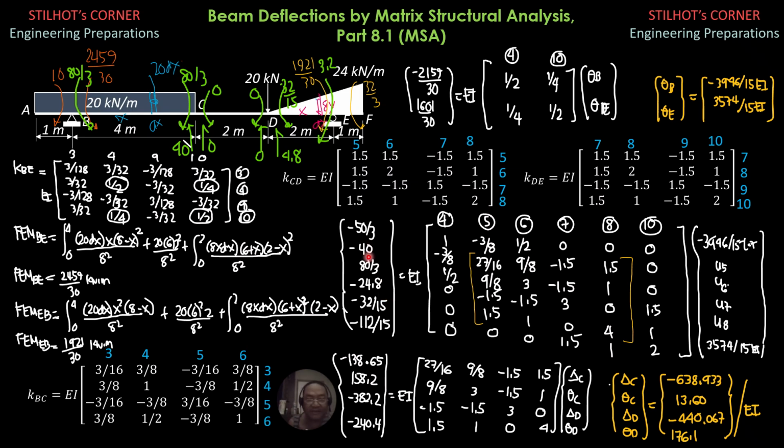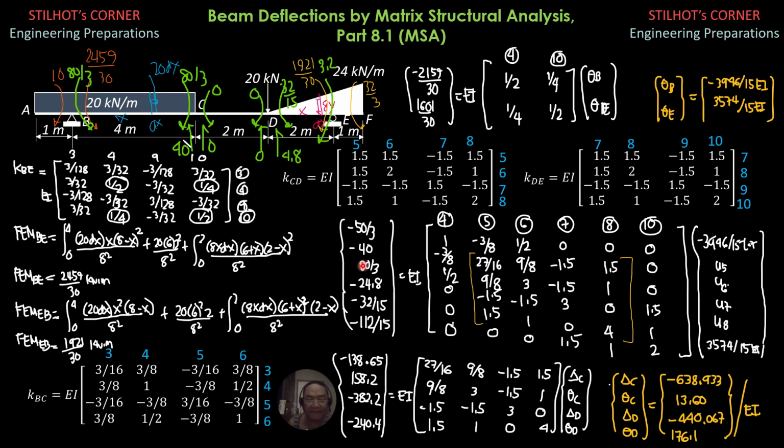So this is negative 40 minus quantity negative 3/8 times negative 3946 over 15 EI, then minus this value here. This is 10, 10, so minus 2 times 3574 over 15 EI. That's why it's now negative 138.65.